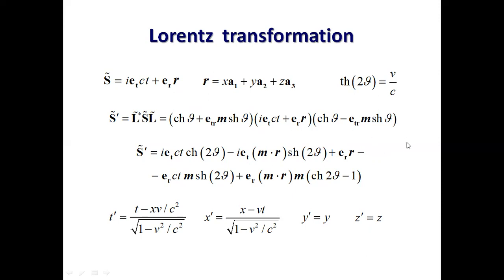If we rewrite this expression in usual scalar and vector products, we obtain the following expression. And if we separate here scalar part and vector part and parts with different space-time properties, we obtain the following formulas for the transformation of coordinates and time, which are well known from relativistic physics.